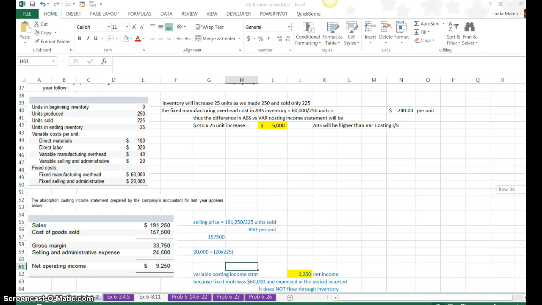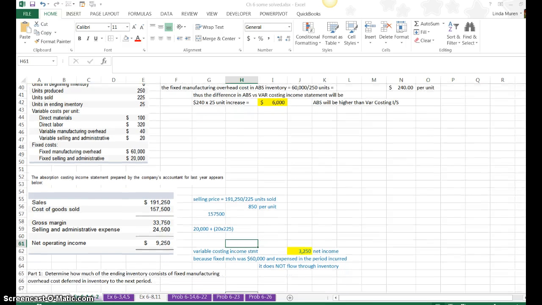So what do you have to do in this problem? They say, well, we want you to figure out the net income under variable costing. So we already have it under absorption. They need to figure out under variable. Now, I could tell you what we had just said from a recap standpoint.